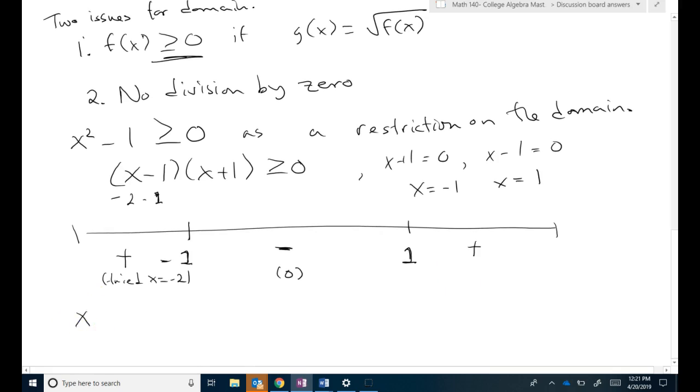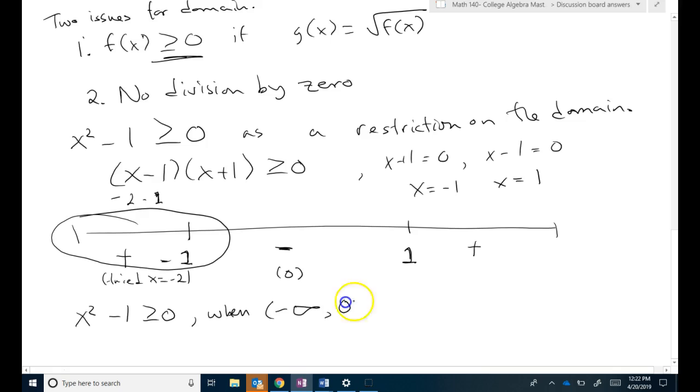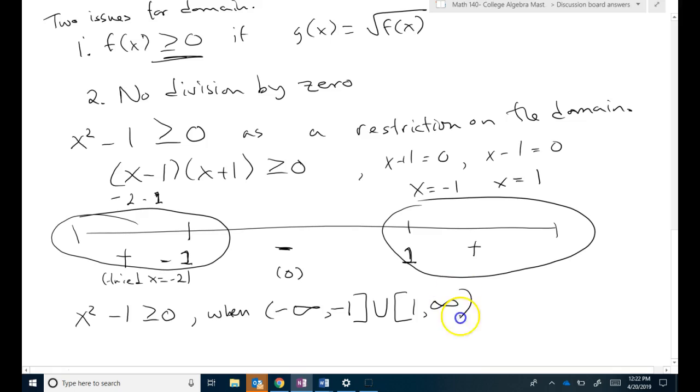So x squared minus 1 will be greater than or equal to 0 when x is in negative infinity to negative 1, and we're going to union that with this one over here, 1 comma infinity.